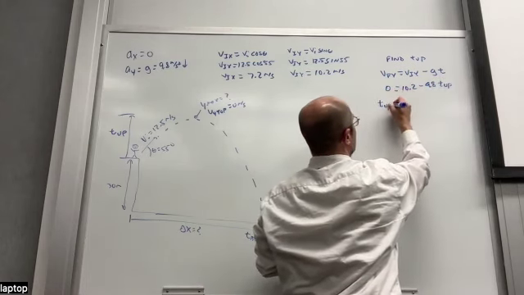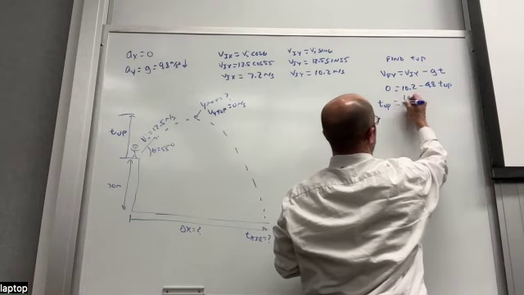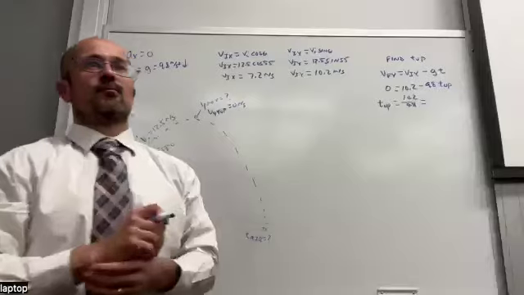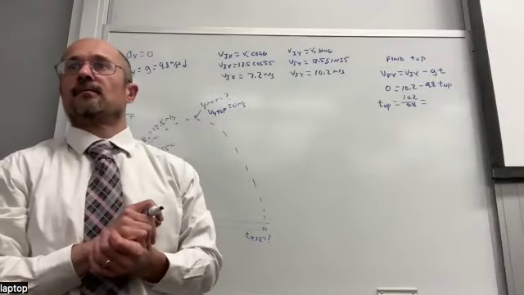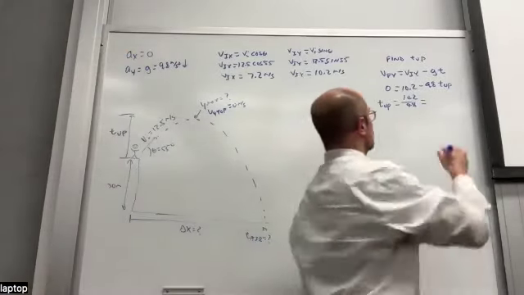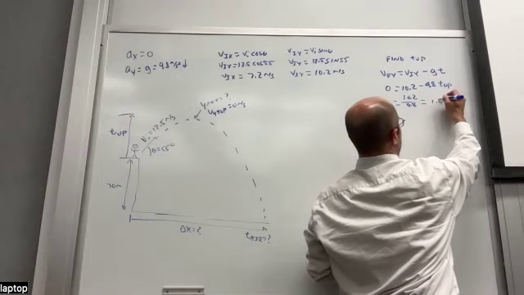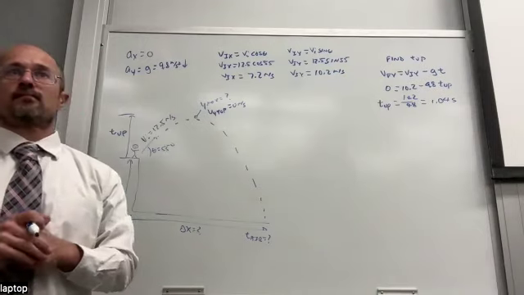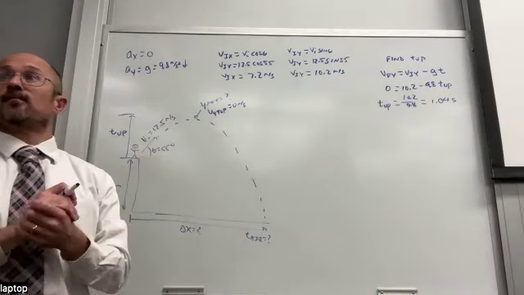So t up is just 10.2 over 9.8, which is 1.04. Is everyone okay with that?